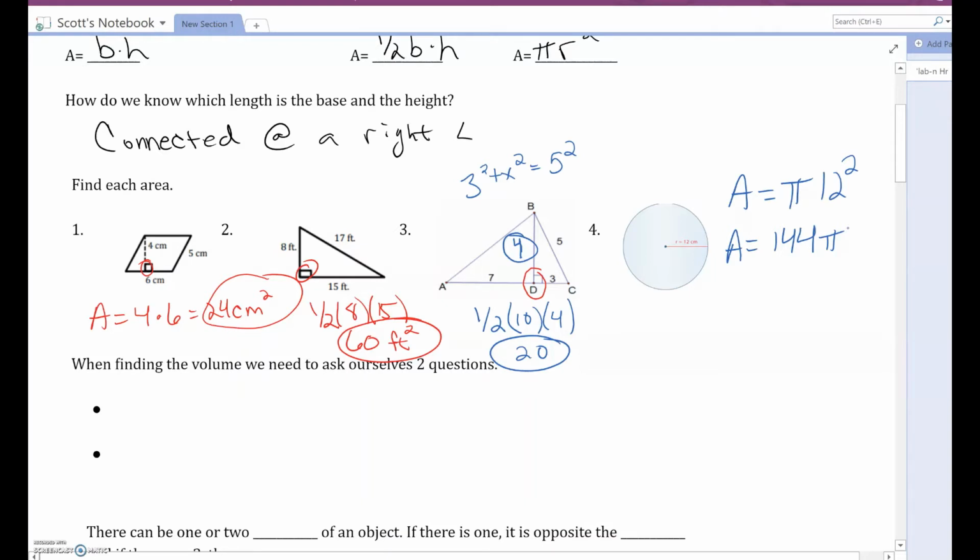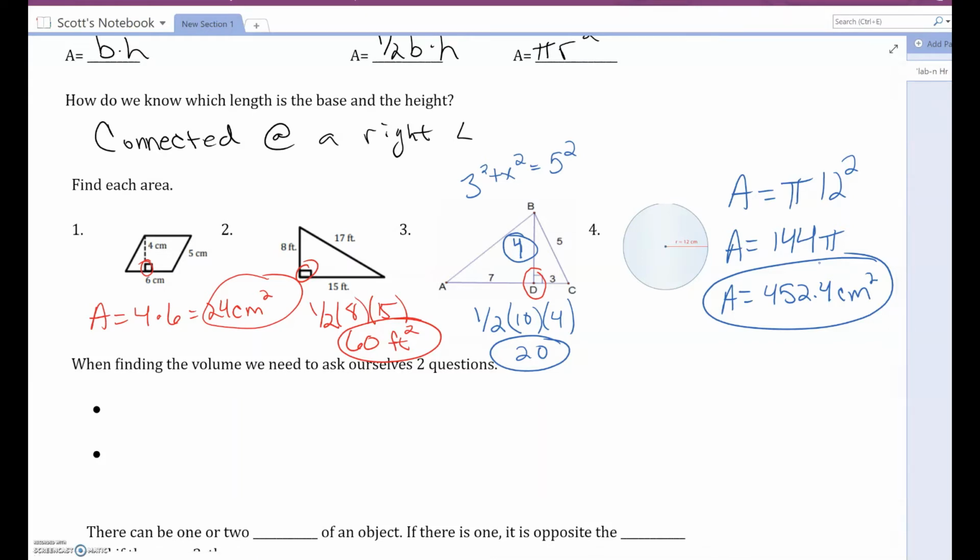You could always plug it into your calculator too if it says round to the nearest tenth or something. Khan Academy might use that at some point. So it'd be area equals 452.4 centimeters squared. So anything that's two-dimensional for area is going to have square units.